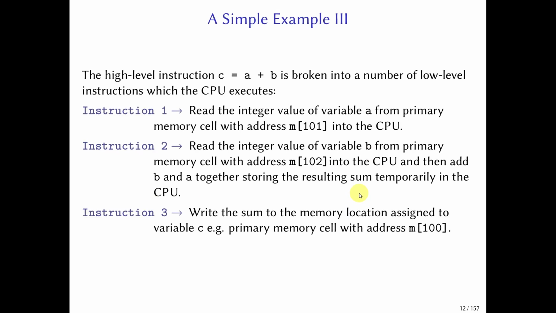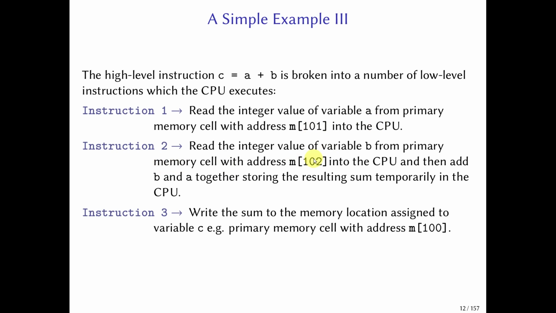Now, what we could also assert is that C equals A plus B is translated into a number of lower level instructions which the CPU executes directly. For the sake of clarity, we won't talk about these instructions in terms of their specific implementation. We'll just say what they do. Instruction 1 would be to read the value of A from primary memory cell with the address 101 into the CPU.